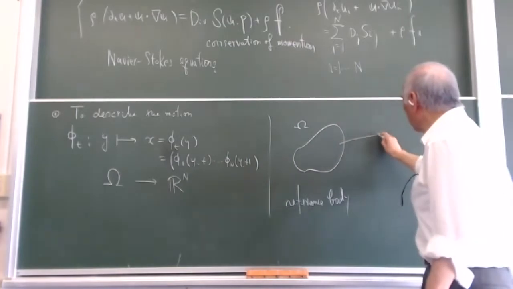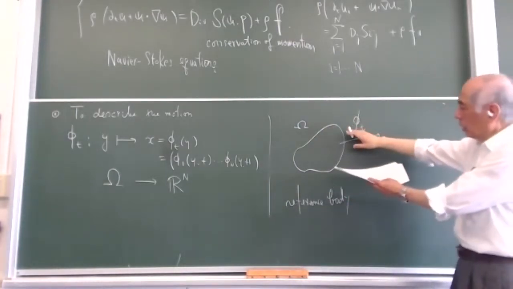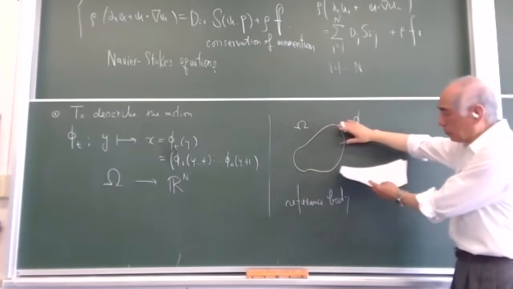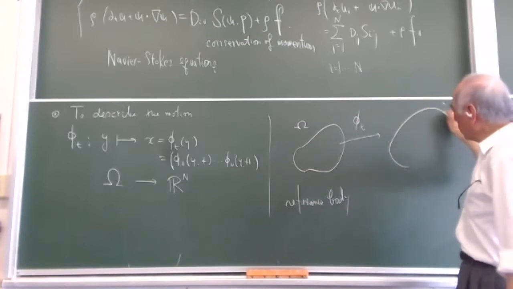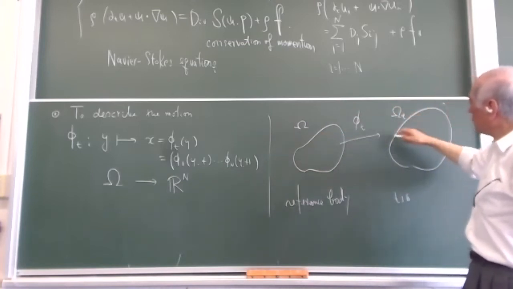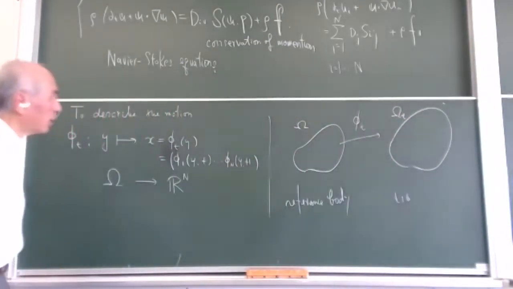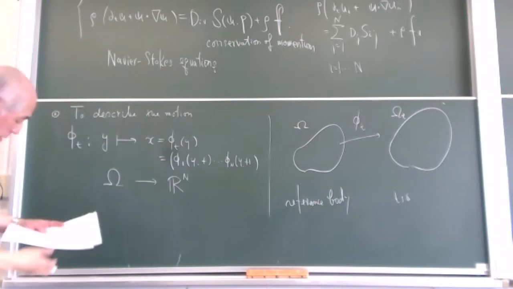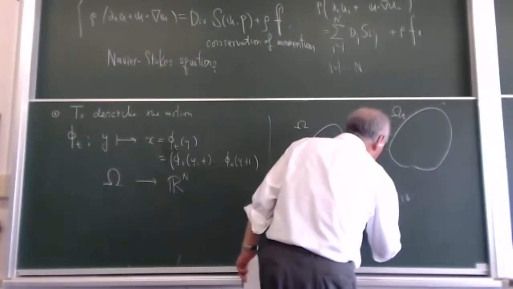And we consider some map. Usually you can understand that this map is just the flow of the fluid. So at time t, omega is transformed to omega sub t.